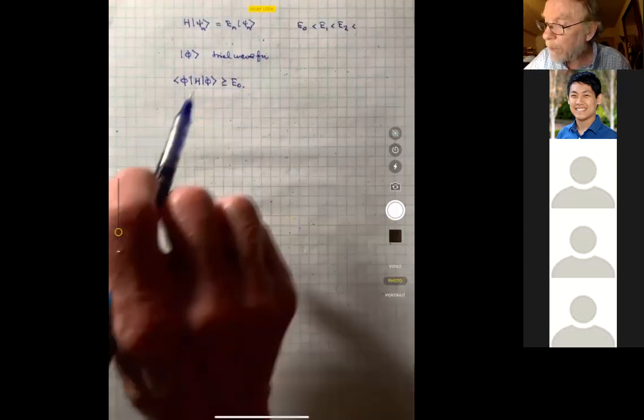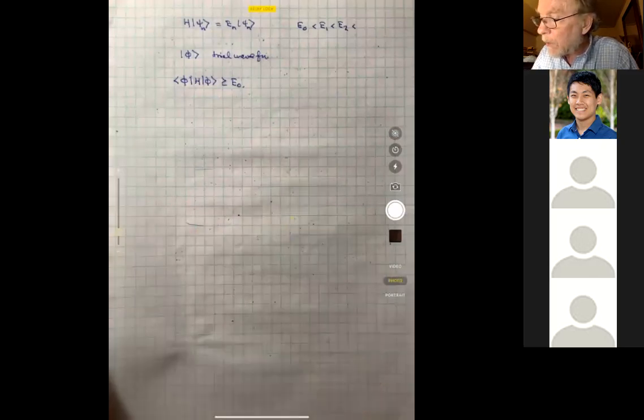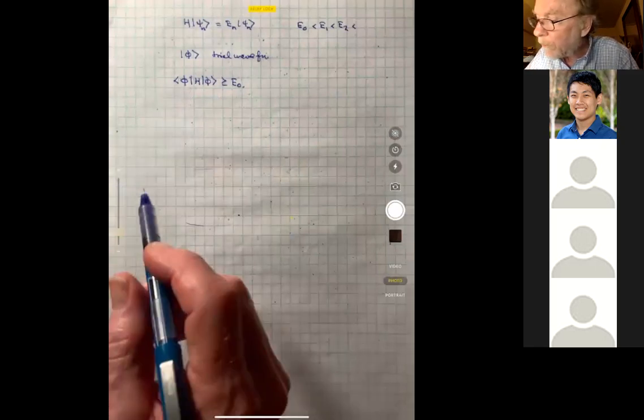In practice, the trial wave function is chosen to be something near the ground state wave function. One knows that it's near the ground state wave function, typically either by intuition or by some type of physical or numerical experimentation that tells you that. But the theorem applies to any phi whatsoever. In any case, this is the theorem. Let me prove it first, and then I'll show you what it's good for.